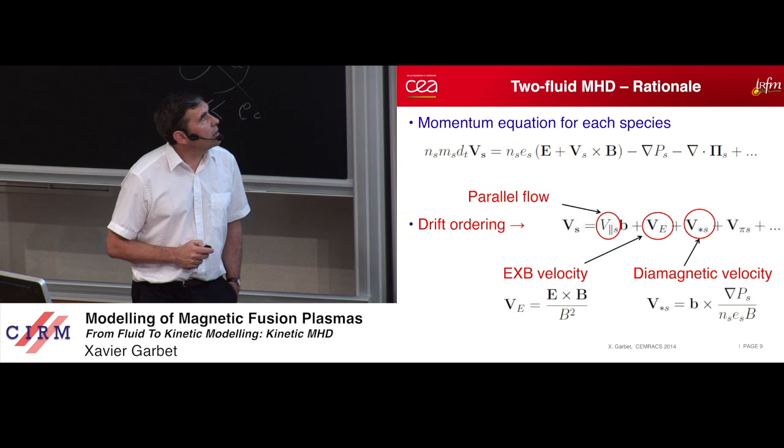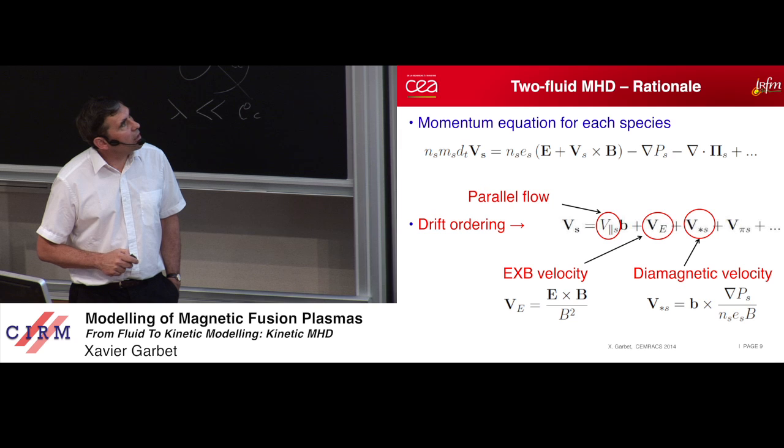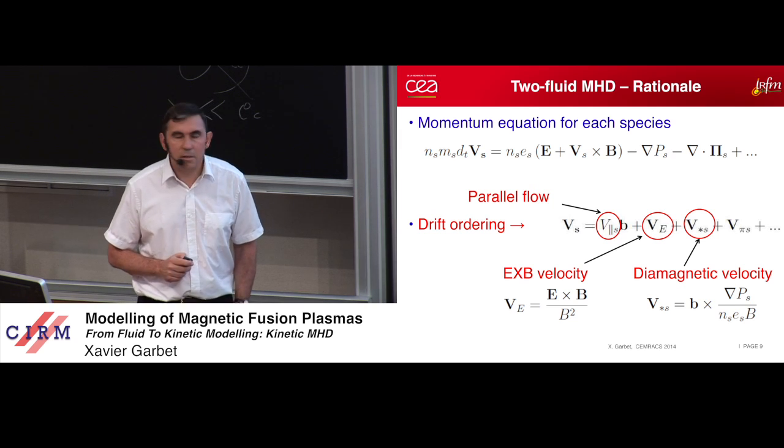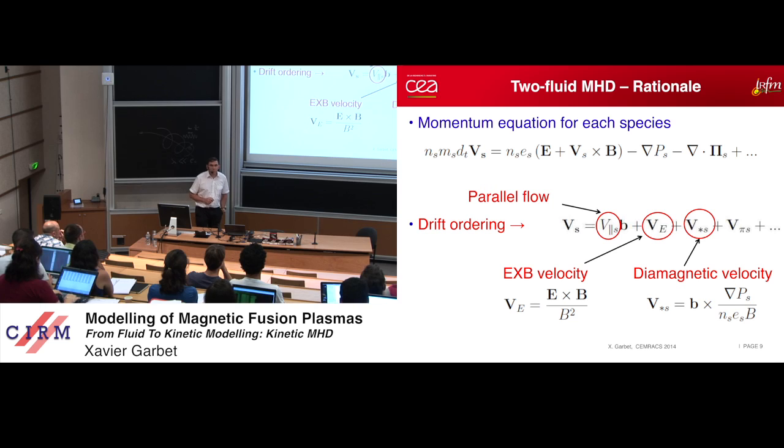And you will find the flow, that is a perpendicular flow plus a parallel flow. The parallel flow is here, so it's different for each species. And then you have the very celebrated E cross B flow, which is just E cross B over B squared. Then you have something we have already met twice, presented in a lecture by Jean-Marcel Rax, and then in the one by Jim Callen, which is the diamagnetic velocity, given here.